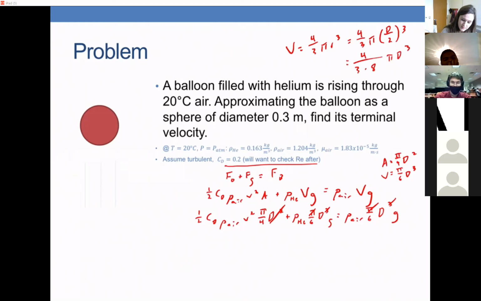So that becomes 1 over 6. Thank you. And if you ever forget the volume of a sphere, you can Google it. Okay, so take a second, solve for V. What do you get?